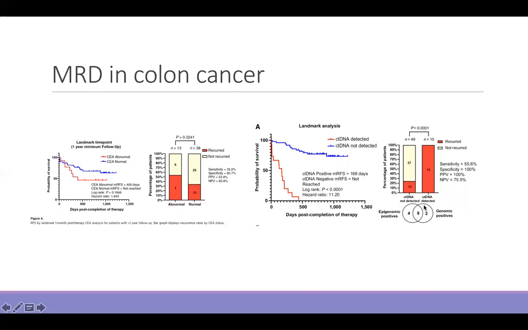But if you use cell-free DNA, tumor DNA here, the ctDNA detected after surgery group does a lot worse. And the p-value is a lot smaller, with hazard ratio being 11 versus 1.8 with CEA. And as you can see, if ctDNA is detected, the specificity is about 100%.